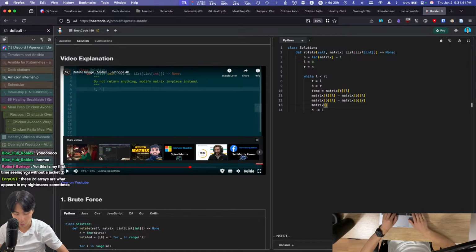Matrix of bottom right is going to be equal to the matrix of top right, and then top right is going to equal the temporary variable.